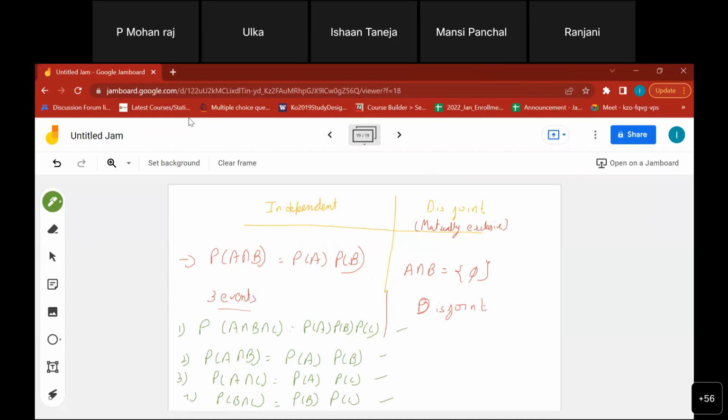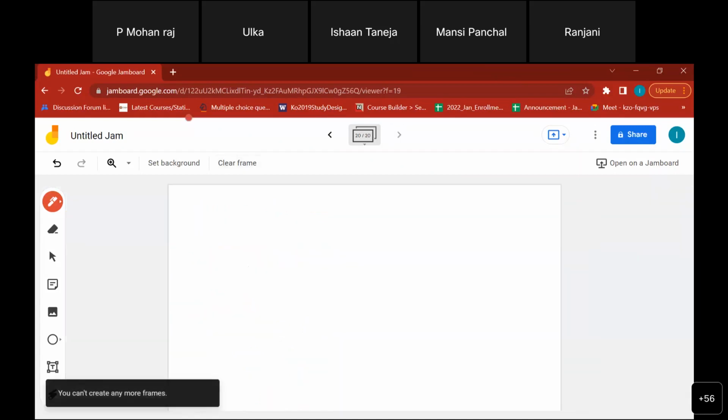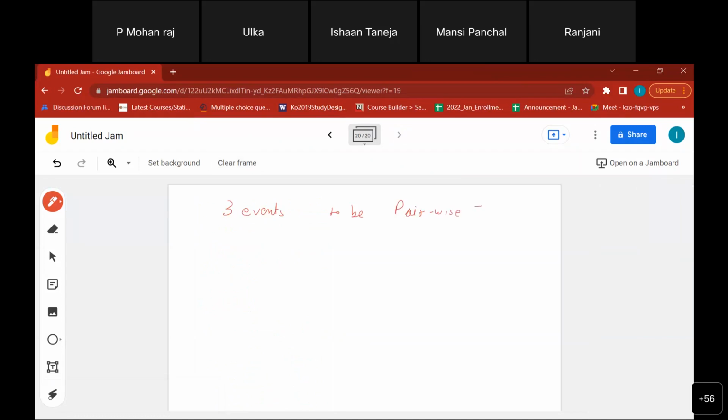For three events to be independent, you should have all these four conditions satisfied. But when we say pairwise independence, pairwise independence means each pair should be independent. So what all possible pairs are there?